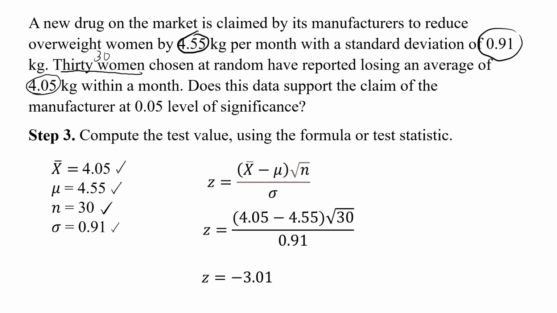So, yung ating test value is negative 3.01. So, ito na ngayon yung i-compare natin doon kay critical value. So, titingnan natin kung saan siya mag-fall, kung doon ba sa rejection area or hindi. Okay?